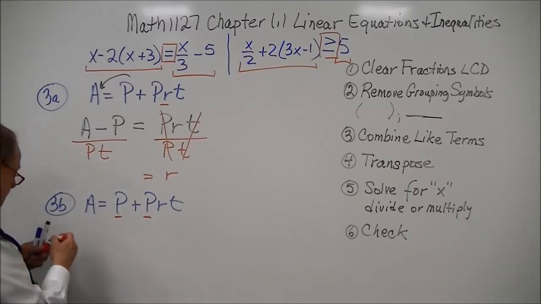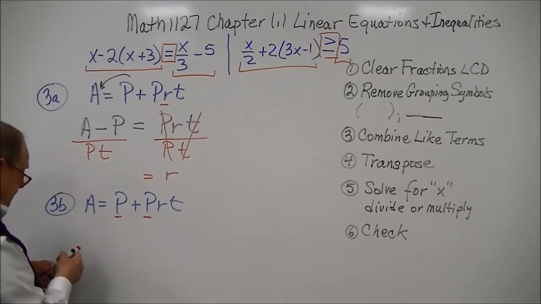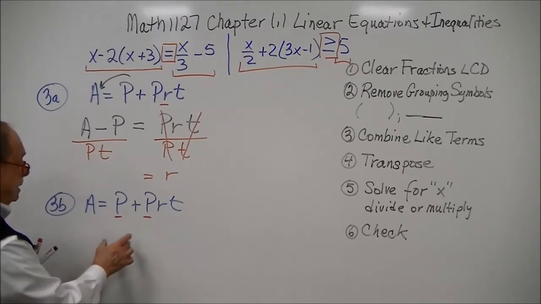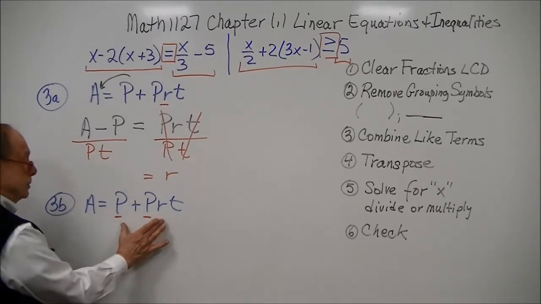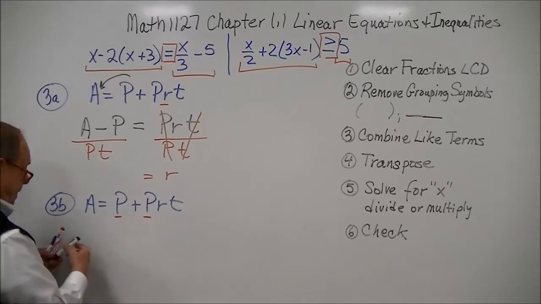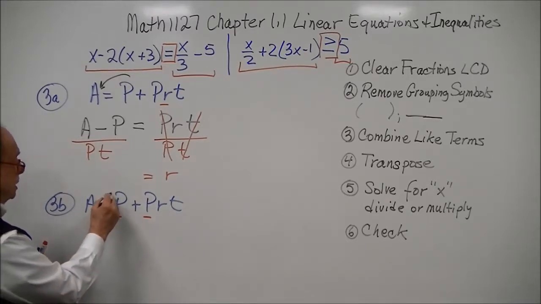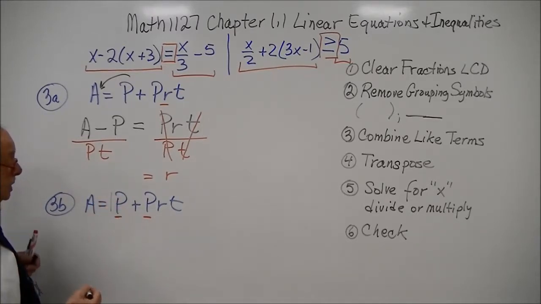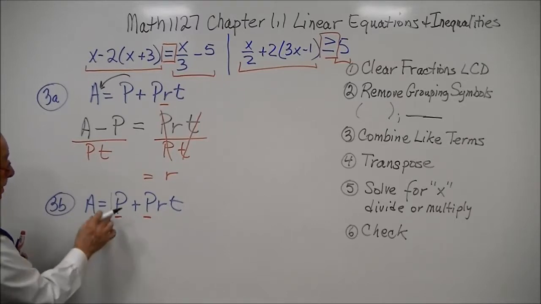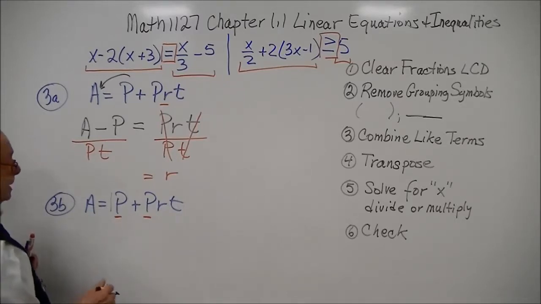In this one, we have to do something first. And we have a P in 2 places. Now remember, there's a 1 before every number. We're going to need that here in a minute.